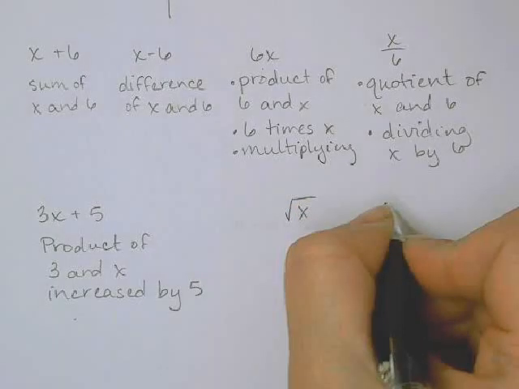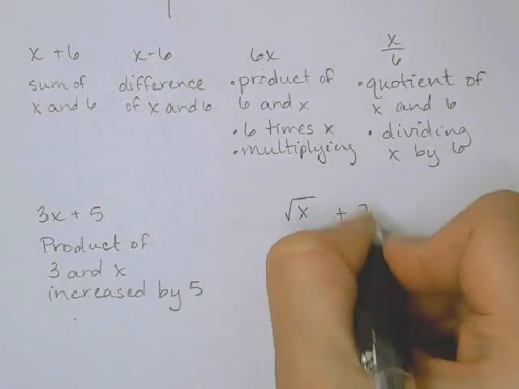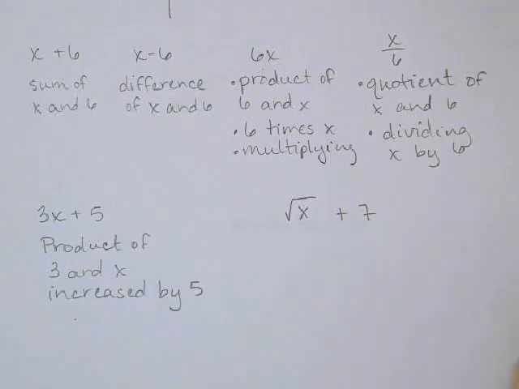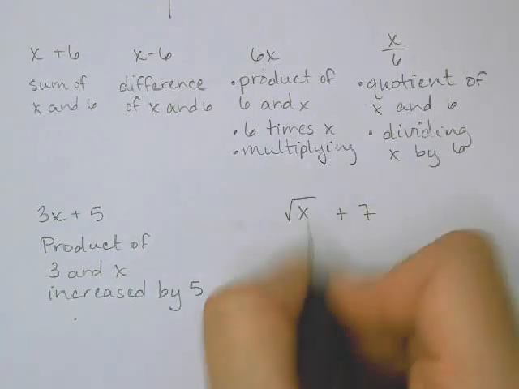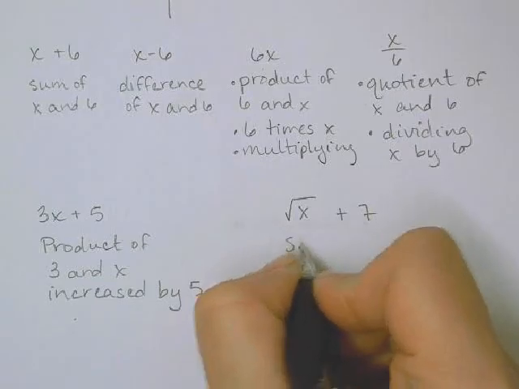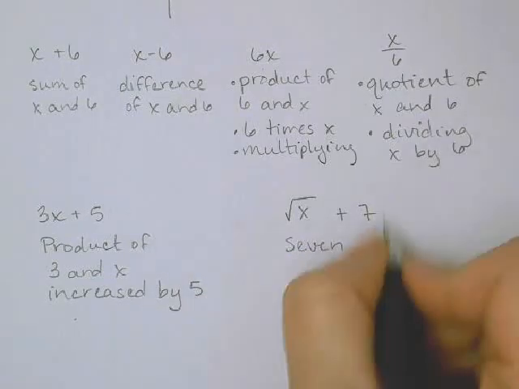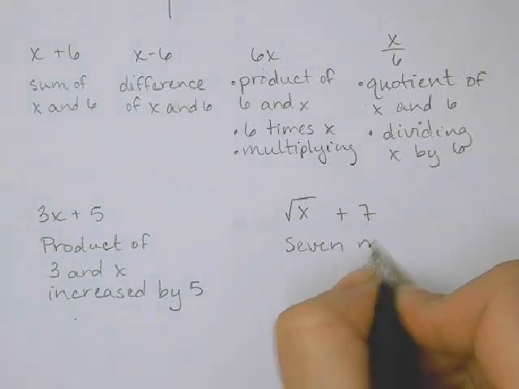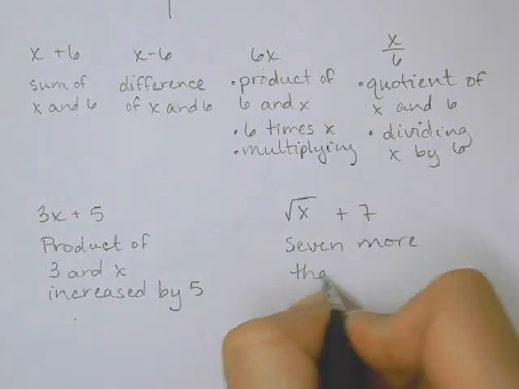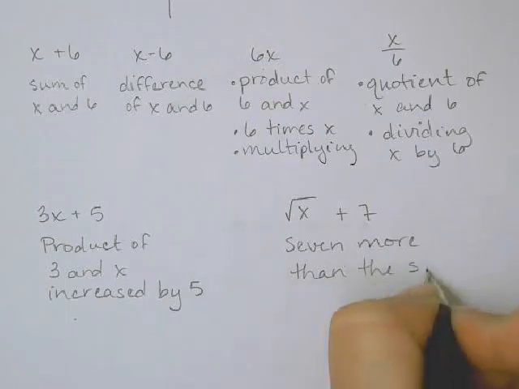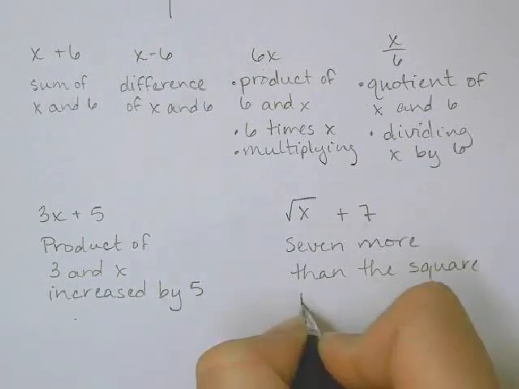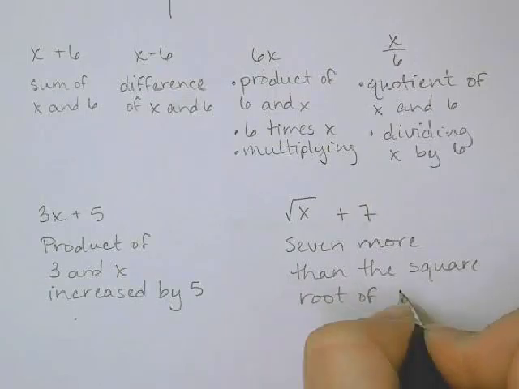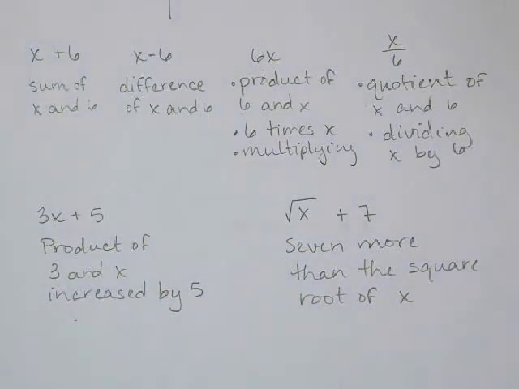If I have the square root of x plus 7, that is 7 more than the square root of x. And we're going to deal with square roots later on. So we're going to do a little bit of practice with that, translating the algebraic expressions.